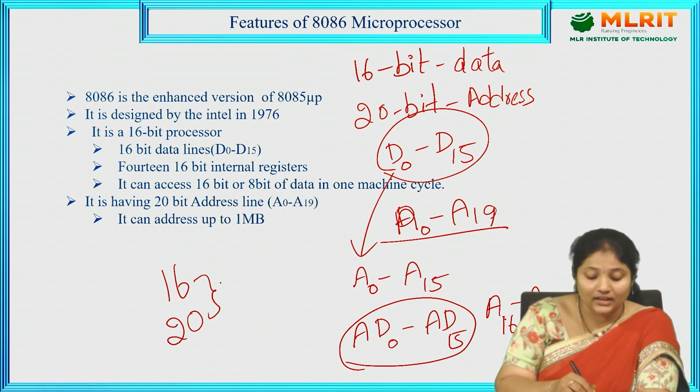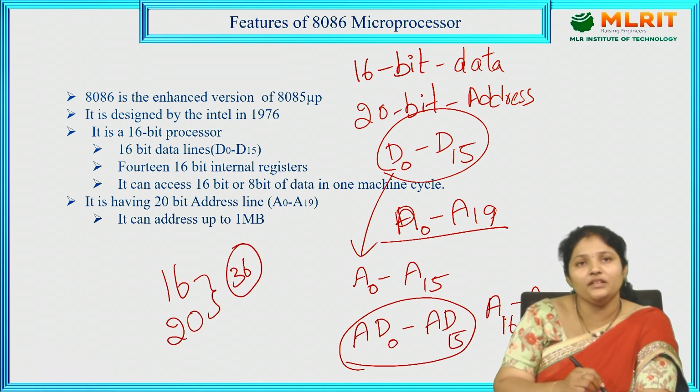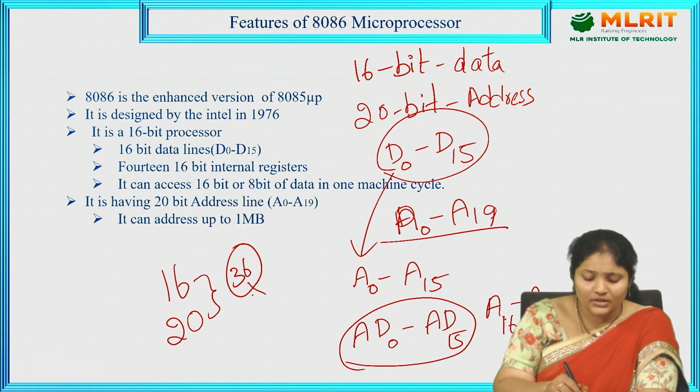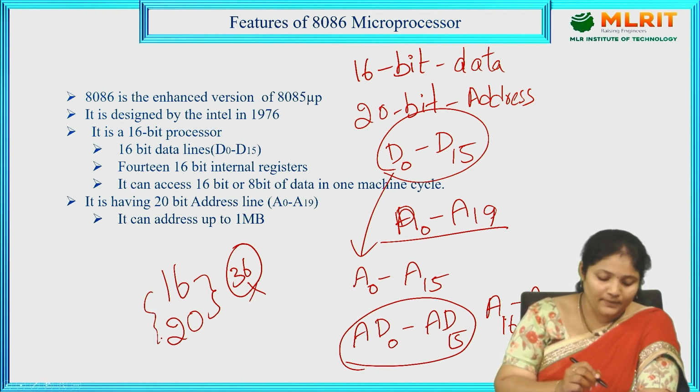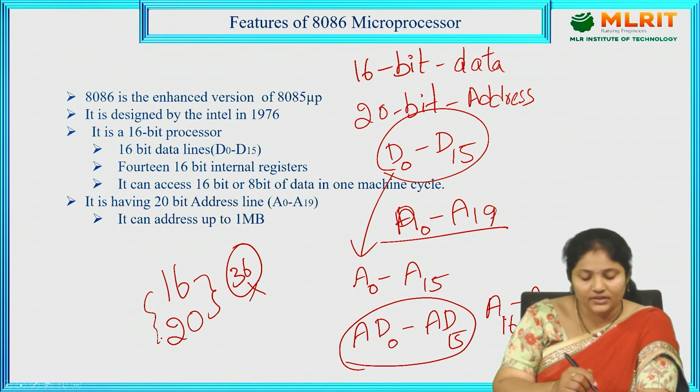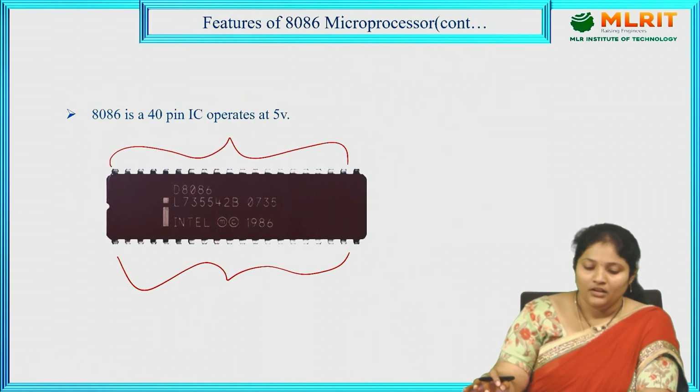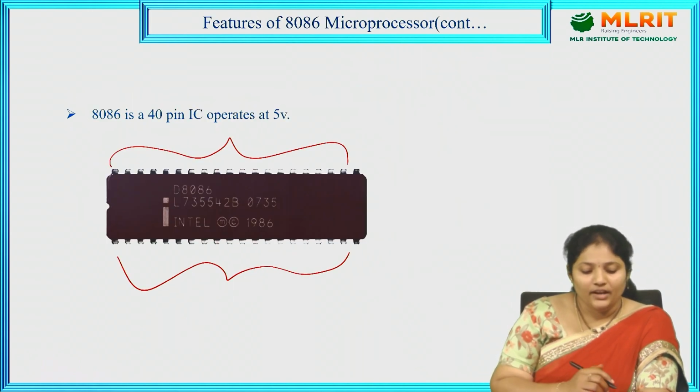That is 36 pins out of 40 used only for address and data lines, which would occupy more space. That's why they have been multiplexed. Some delay will be there because of the multiplexing of data lines and address lines. So this is the 8086 40-pin dual inline package.